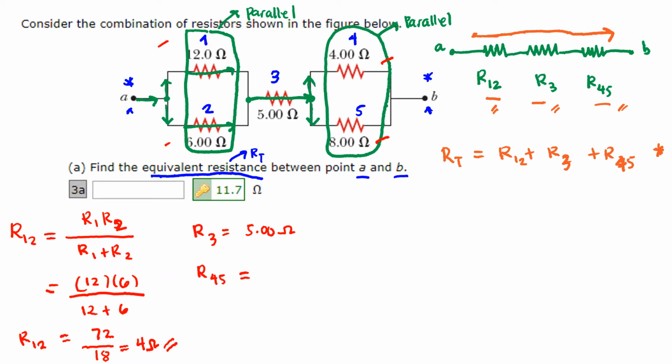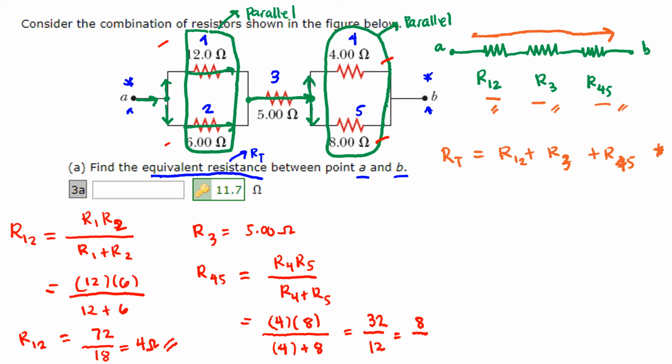So again, we could just use the product over sum rule, so that's R4 multiplied by R5 divided by R4 plus R5, and that is equal to 4 multiplied by 8 divided by the sum of 4 ohms plus 8 ohms, and this is equal to 32 over 12, or 8 over 3 ohms, and that is our R45.